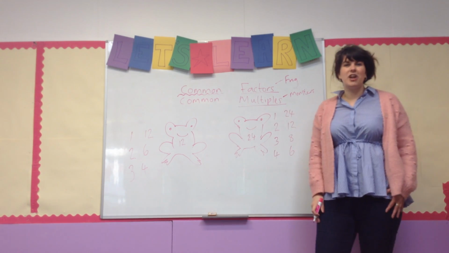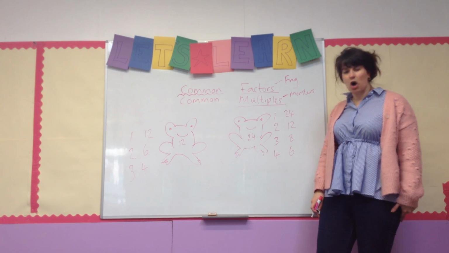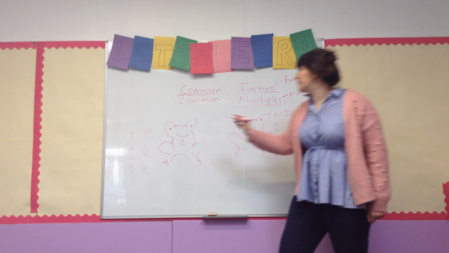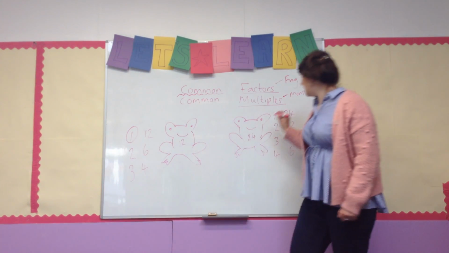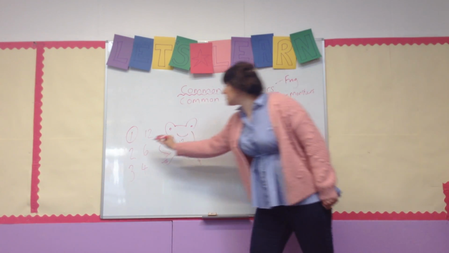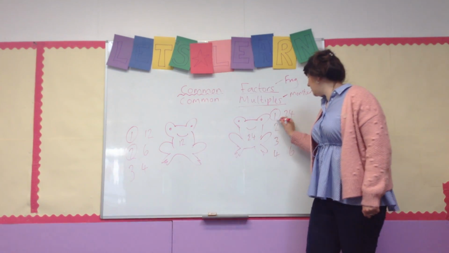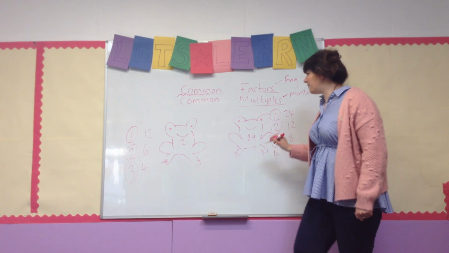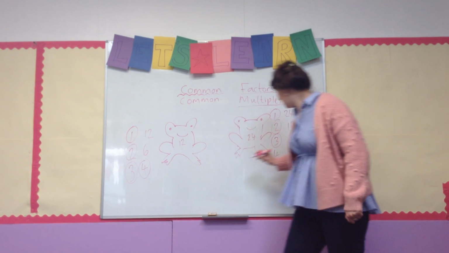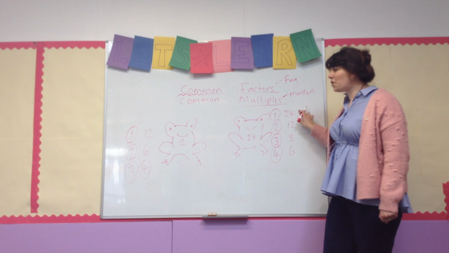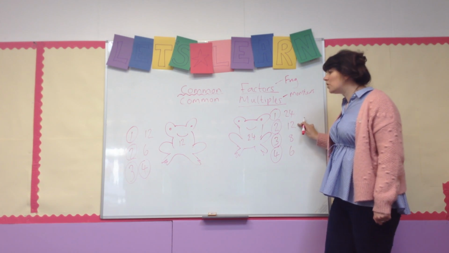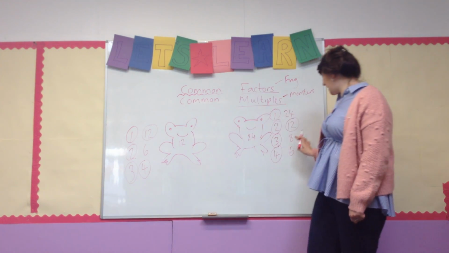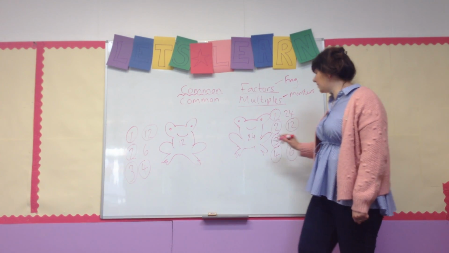To answer my question, I've got to find the numbers that it has in common. So let's have a look across and see if we can find any that are the same. 1 is the same in both. 2 is the same in both. 3 is the same in both. 4 is the same in both. 24, it's not in both. 12, that's in both. 6, that's in both.